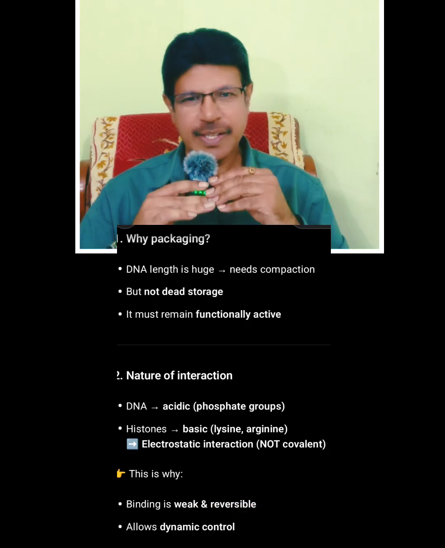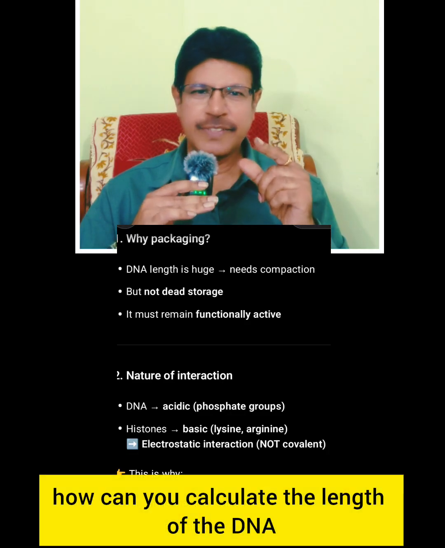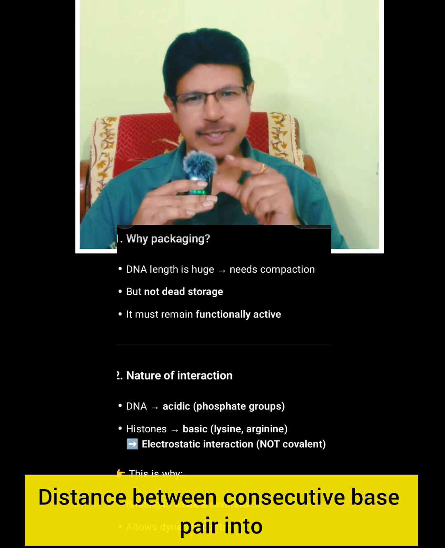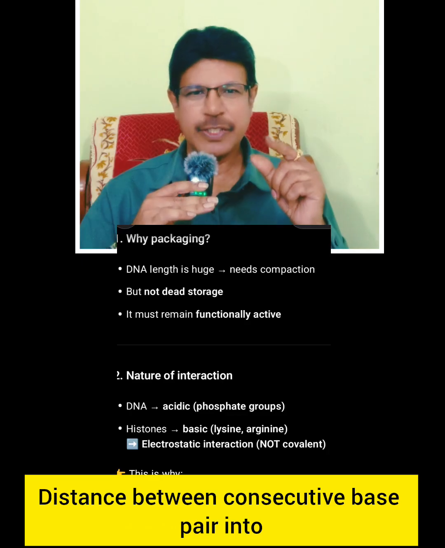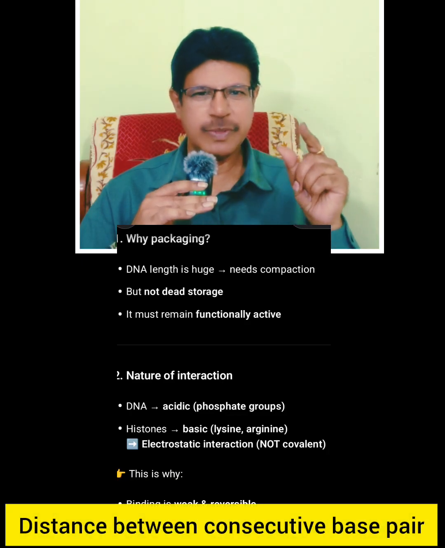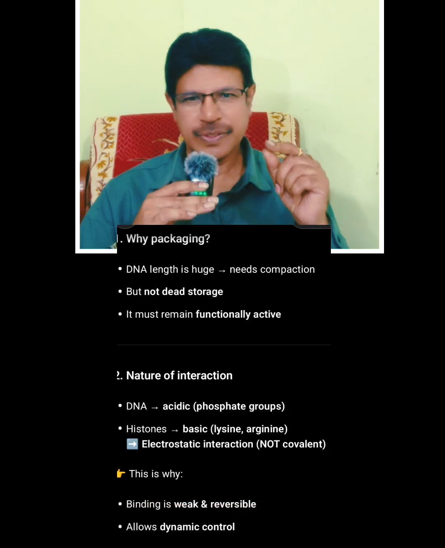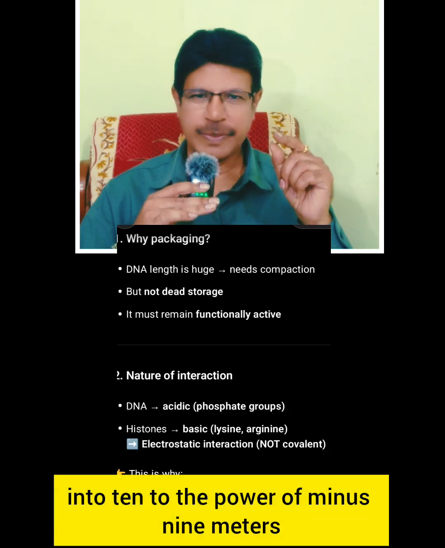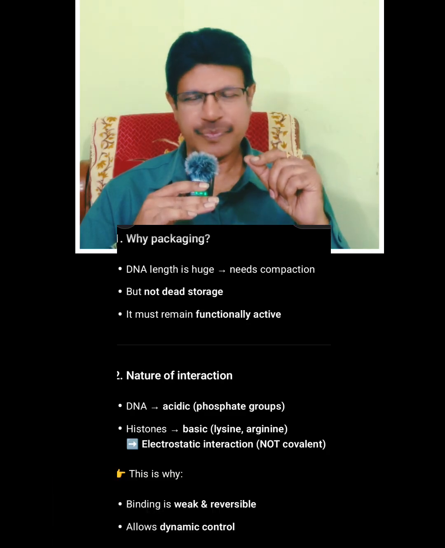Next, how can you calculate the length of the DNA? Distance between consecutive base pairs into total number of base pairs. Distance between consecutive base pairs is 0.34 into 10 to the power of minus 9 meters.